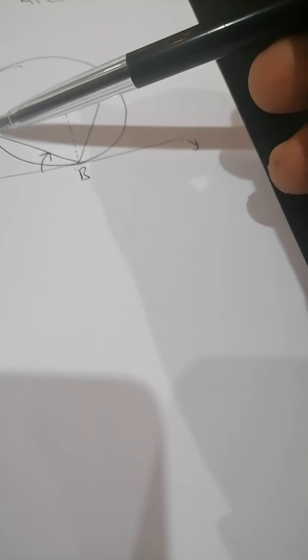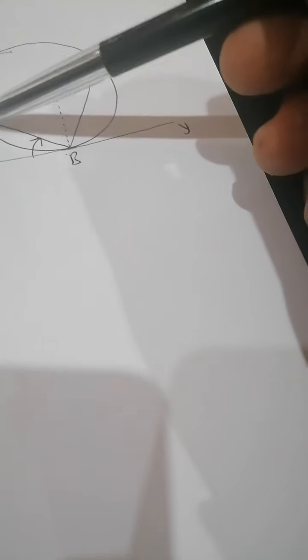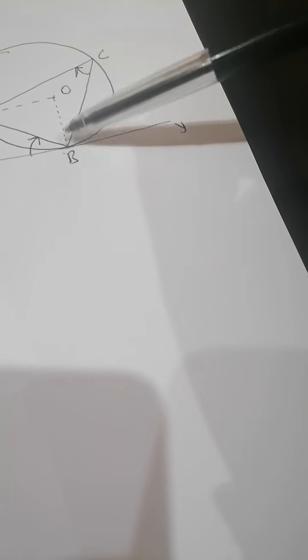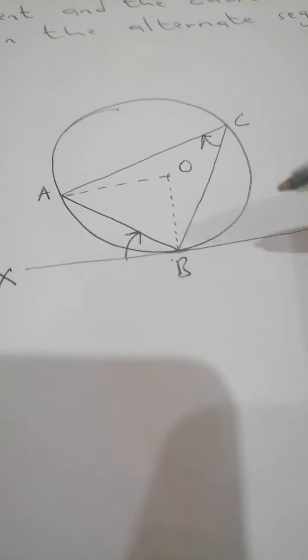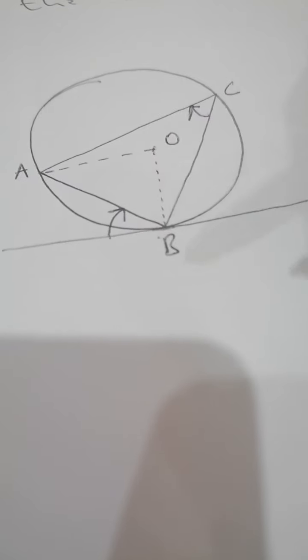So what are these lines OA and OB? Because they are from the center to the circumference, these are your radii. So OA is equal to OB because they're both radii. You have to know why you constructed these lines: so that you will have triangle AOB.